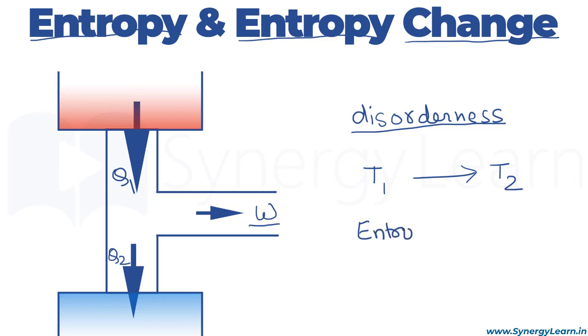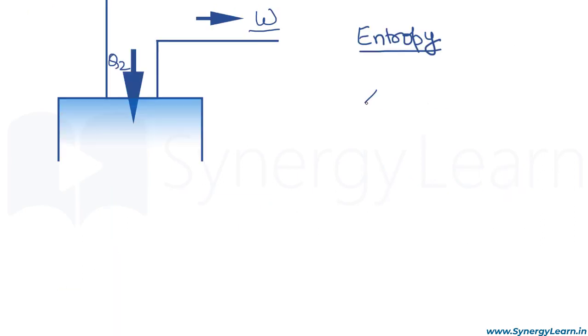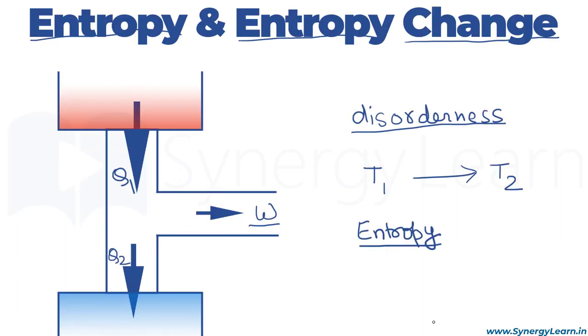It says the entropy of a system either remains constant or increases. It never decreases. That is, the disorderliness of the system always increases or remains at the same level.